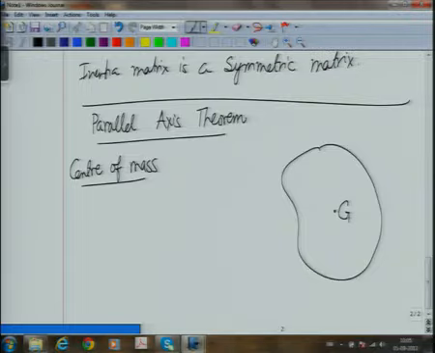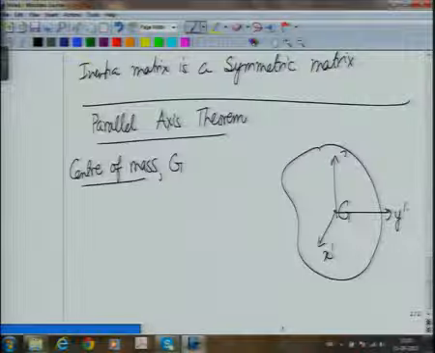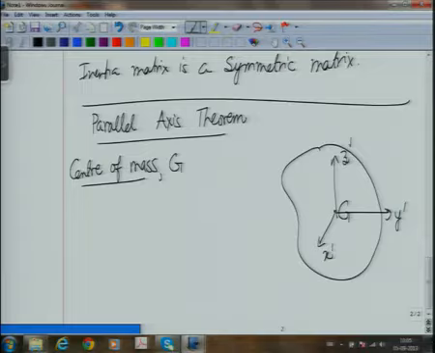Our textbook uses the symbol G for center of mass, so I will use the symbol G. Following the book's notation, the axes passing through G we call x prime, y prime and z prime.